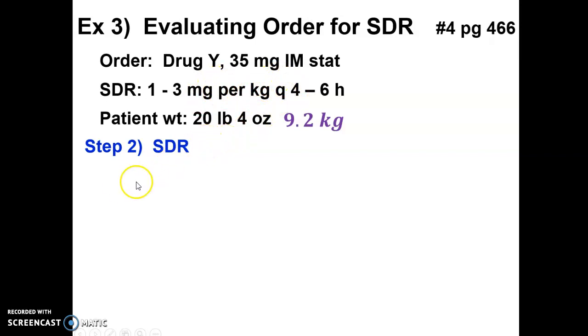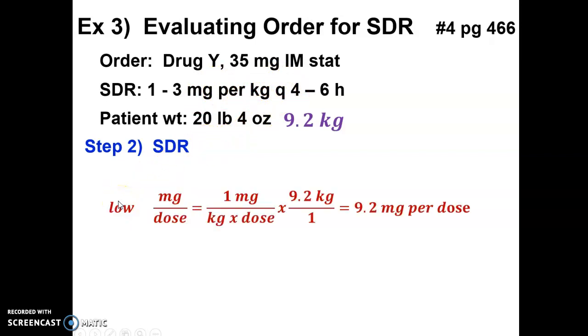All right, so our low safe dosage range is going to be low milligram per dose. Before we were running it as a milligram per day because that's what our safe dosage range told us. But now it's going to be a milligram per dose. All right, so we're going to do the low side. So we've got 1 milligram and it's written per kilogram per dose.